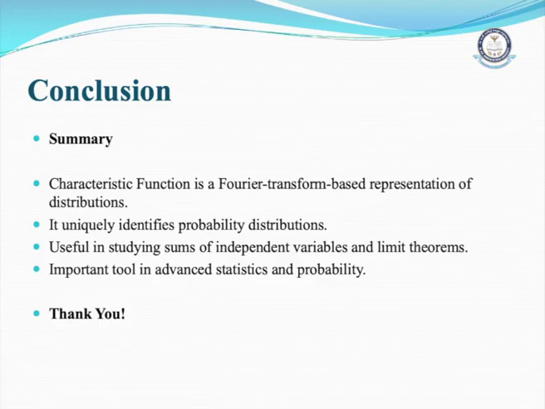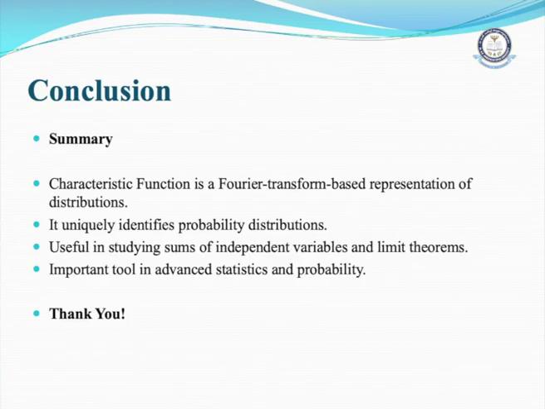So, this is the summary about the characteristic function. What is the characteristic function? It is the Fourier transform based representation of the distribution, and it uniquely identifies the probability distribution. We apply it in Poisson and binomial, but for hypergeometric it is not applied, because it is applicable only for some distributions.